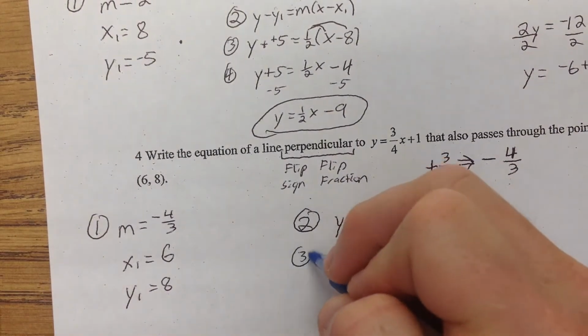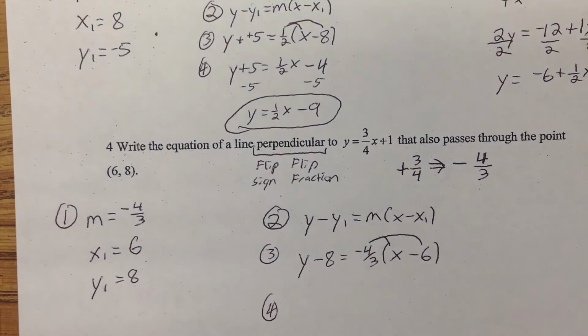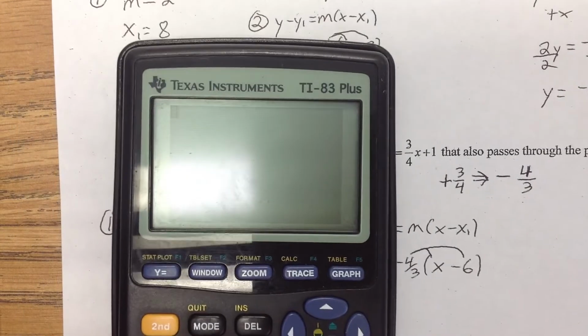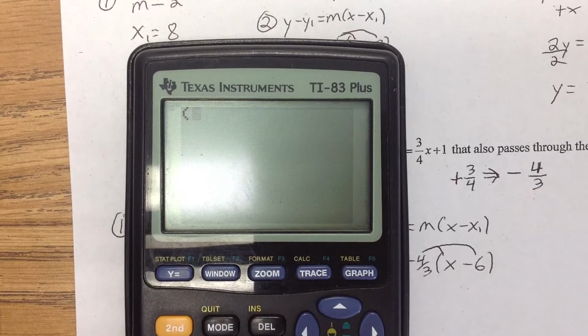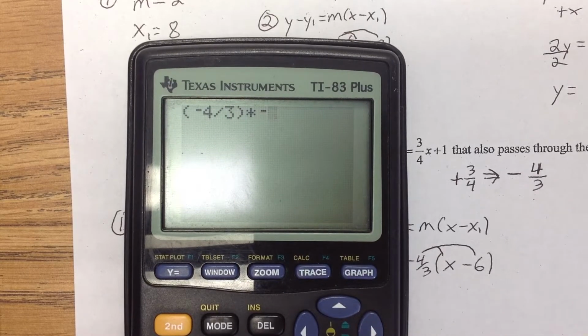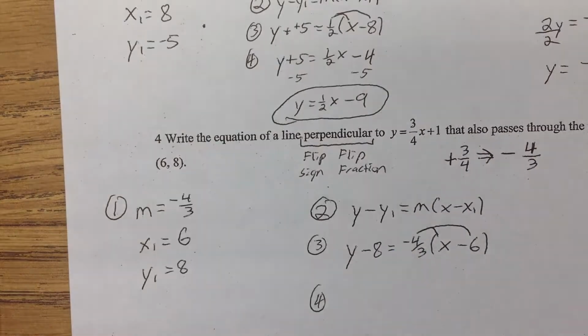All right, that was step 3. And then step 4 is to solve for y. Again, don't let the fractions intimidate you here. If you've got negative 4/3 times negative 6, you can just type it in here, and you're going to see that ends up just being a positive 8.